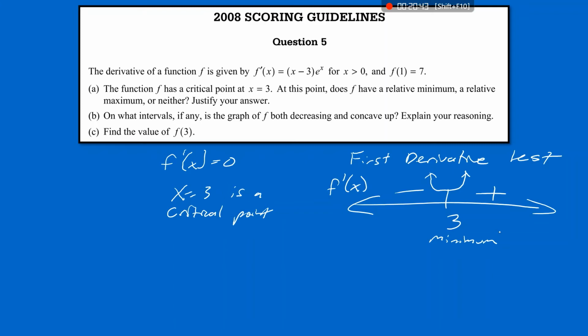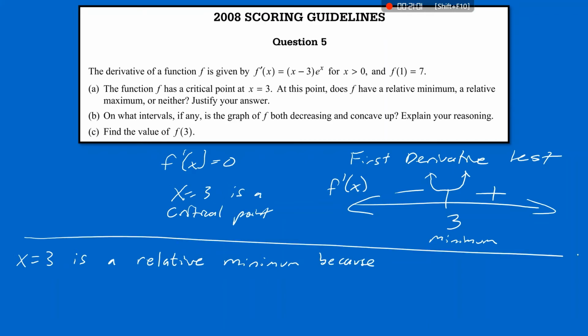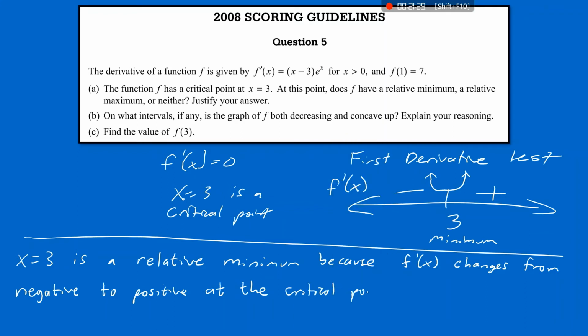Okay, so now I just need to write out a proof for it. I could say x equals 3 is a relative minimum because f prime of x changes from negative to positive at the critical point x equals 3.